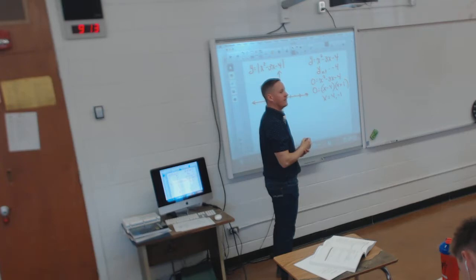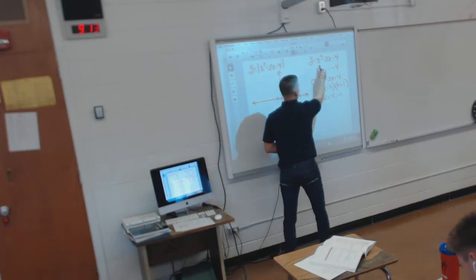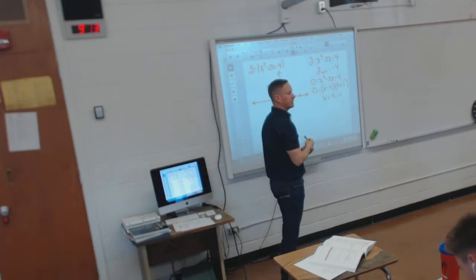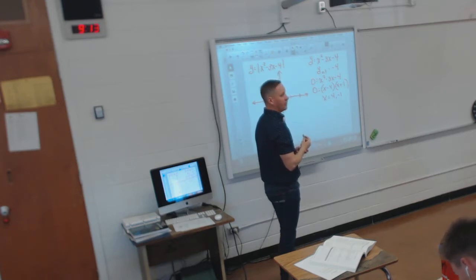Okay, but we need to find the y value of that now. So substitute 1.5 in here. Get your calculators if you can't do that in your head. Put 1.5 in for x and solve for y.